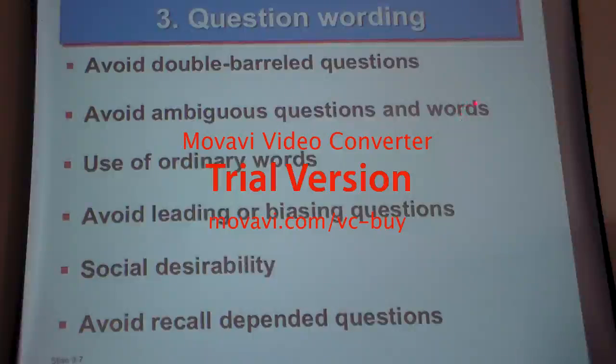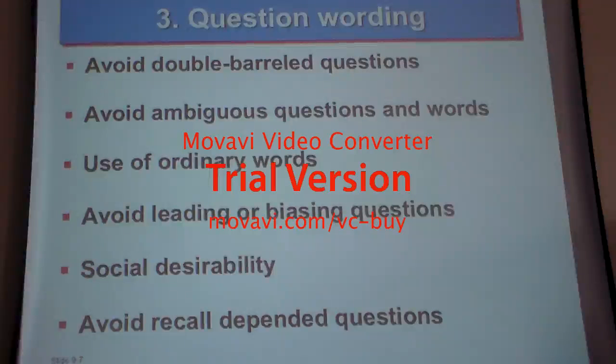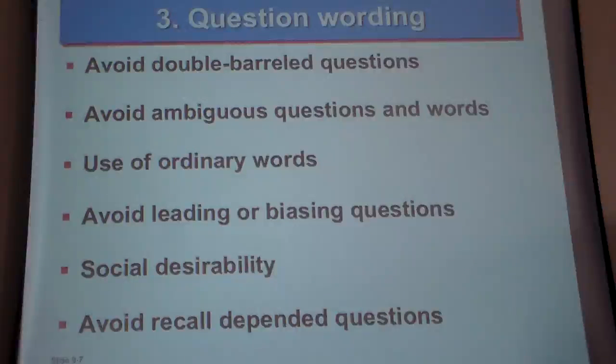Ambiguous questions and words: sometimes some questions are not properly written, so they become ambiguous. Ambiguous means unclear. Maybe the person who writes the question can understand it, but the one who reads the question cannot.